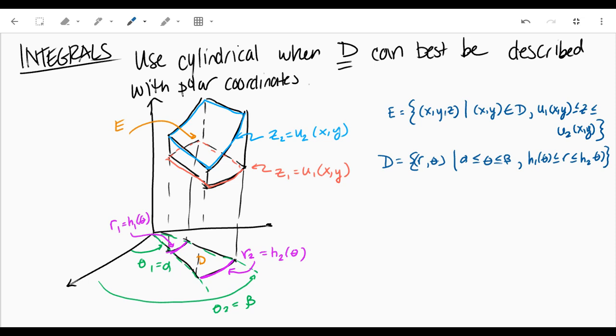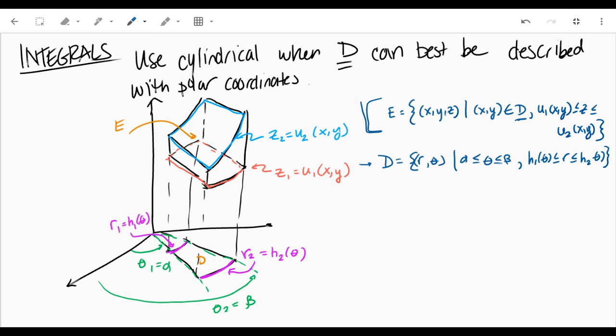I don't have to change anything up here in E. That's all true. All the x, y, z ordered pairs, such that x, y is in D, but D is best described using polar coordinates. So we're going to want to use them, and we're going to use them in our integral.